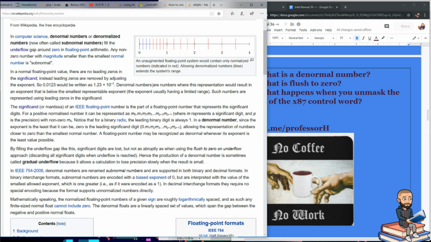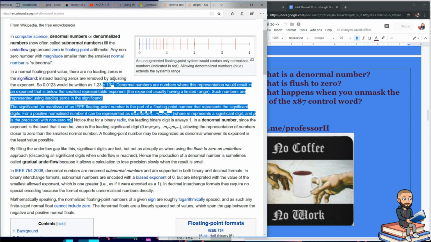So these denormal numbers are numbers where this representation would result in an exponent that is below the smallest representable exponent. So this part's a little confusing. Let's jump to notice for a binary radix, and a radix is that point. It's a binary point for us. Over here, since they were working with base 10, it's a decimal point, right?